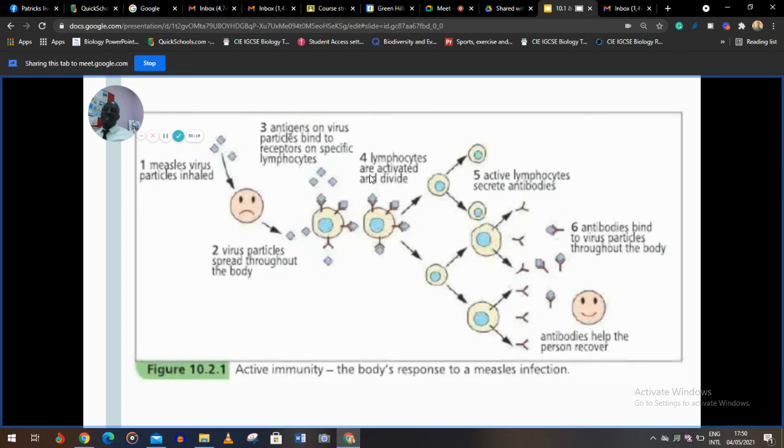Then the B lymphocytes are activated and divide to produce what we call active lymphocytes, which secrete antibodies, and those become plasma cells, and also differentiate. The antibodies bind to various virus particles throughout the body, and then antibodies help the person to recover.